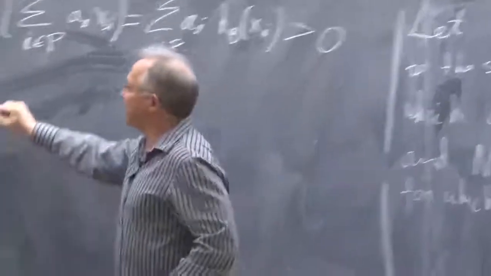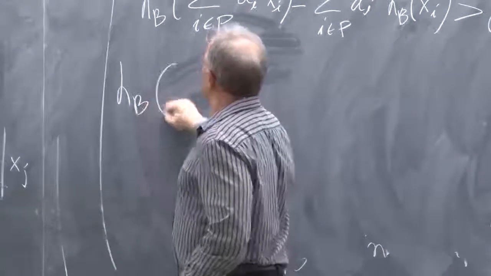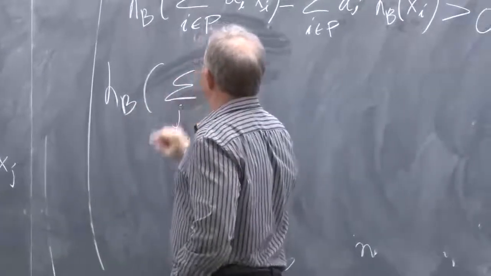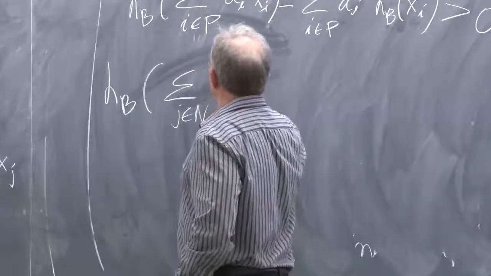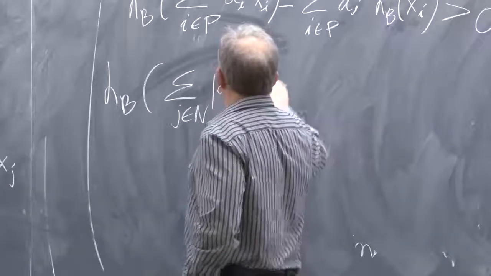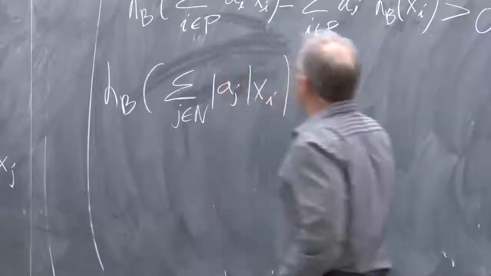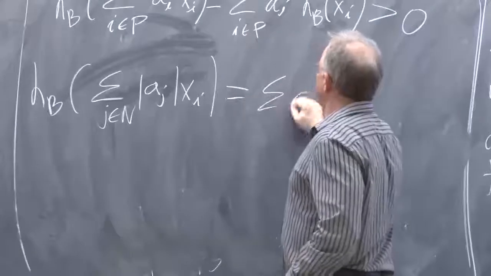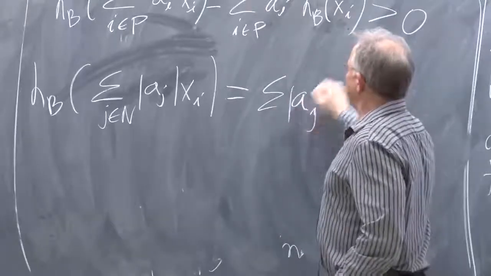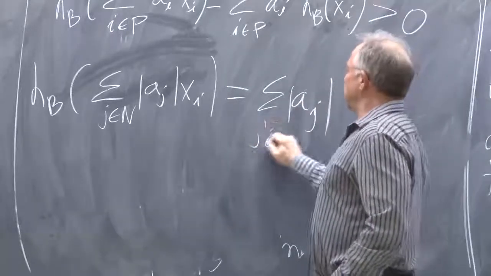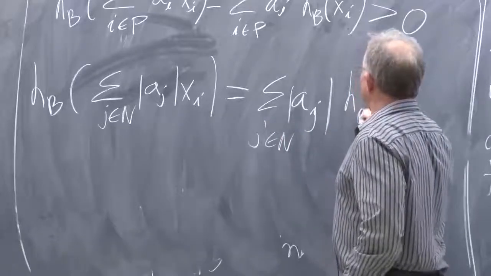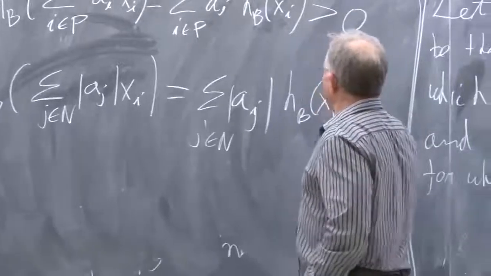On the other hand, HB of the sum over j in N of aj xj is the same as the sum over j in N of aj times HB applied to xj.